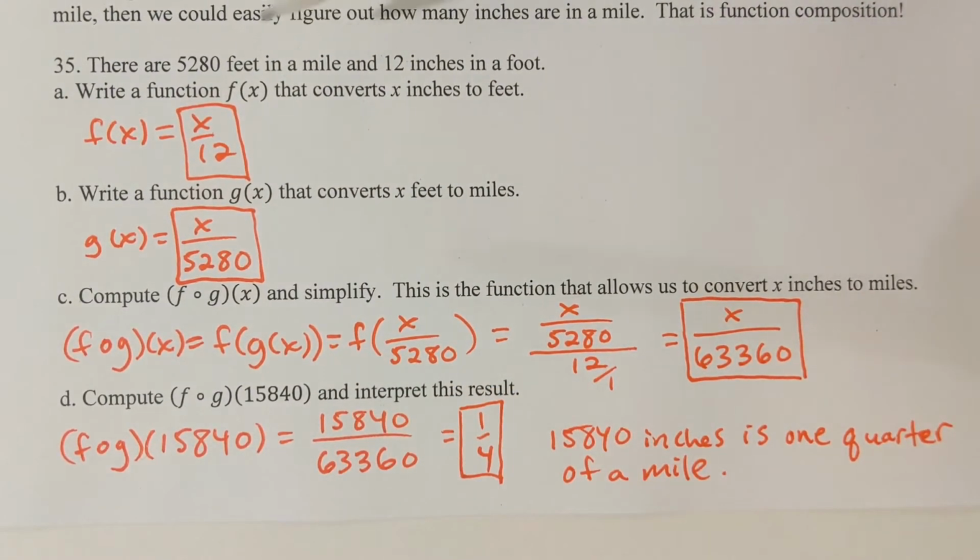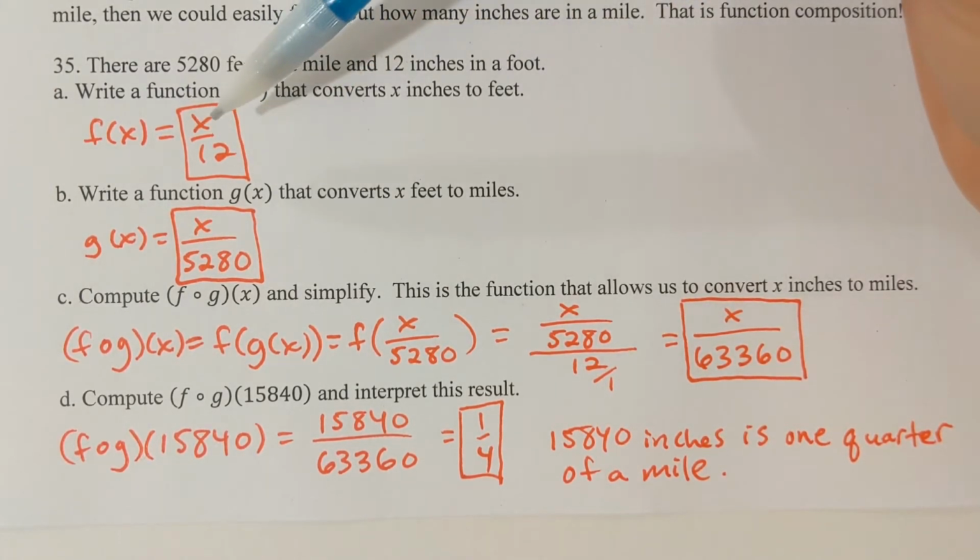There are 5,280 feet in 1 mile and 12 inches in 1 foot. Part A. Write a function f of x that converts x inches to feet. Well, if I know that there's 12 inches in 1 foot, x over 12 would be just a general formula that converts x inches into feet.